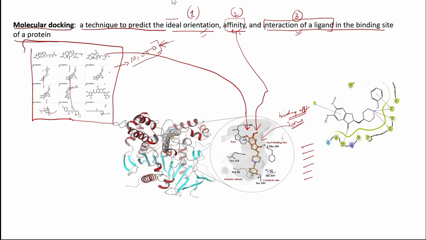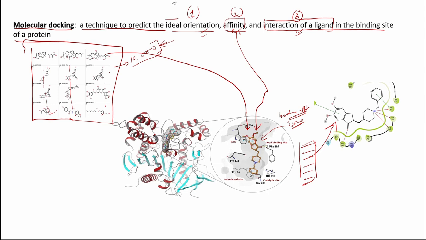That means if you are trying to block the active site pocket, or you are trying to inhibit the drug target, that means you should be able to block the interaction between this catalytic residue and your substrate, right?